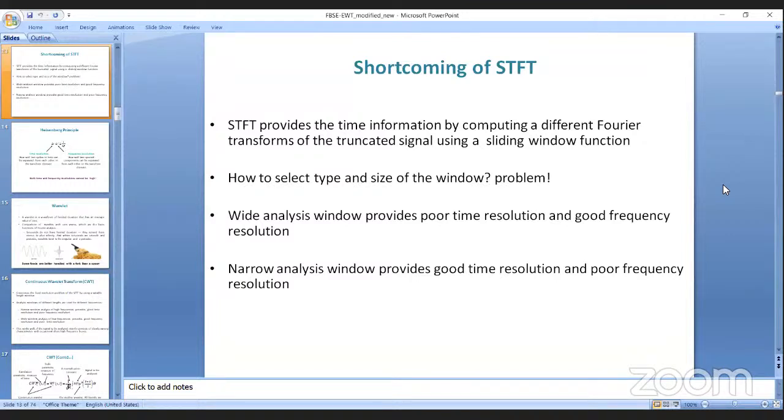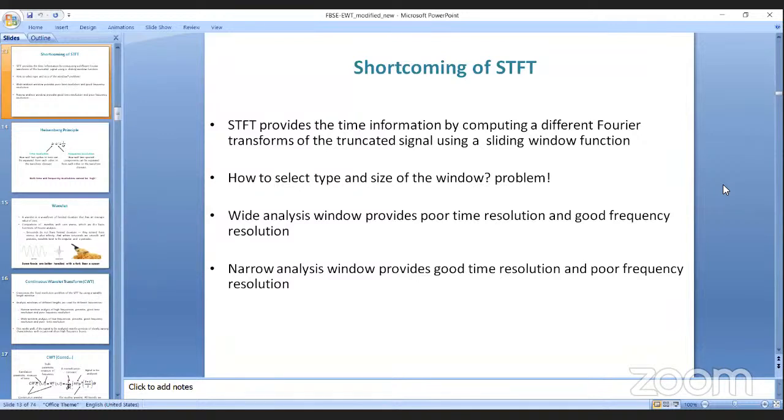There is no thumb rule which will suggest, for a given signal, what should be the size of the window and what should be the type of the window. When the window is wide in the time domain, it gives poor time resolution, but in the frequency domain it gives good frequency resolution. Similarly, when you have a narrow analysis window in the time domain, it gives good time resolution, but in the frequency domain it gives poor frequency resolution.